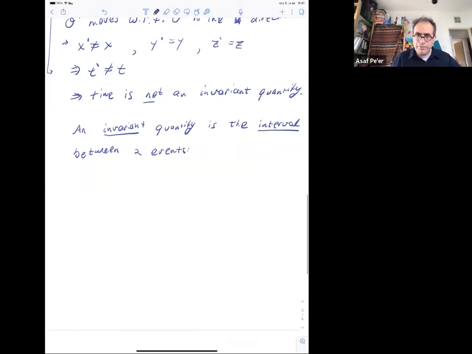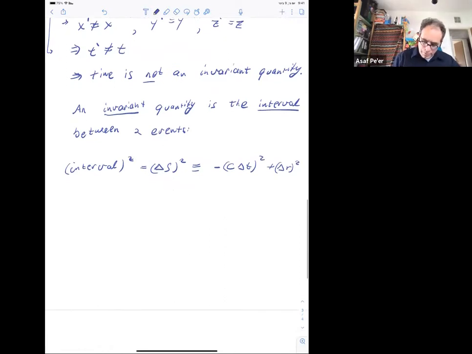And I define the interval squared, just delta S squared, which the definition is minus c delta t squared plus delta r squared, or minus c squared delta t squared plus delta x squared plus delta y squared plus delta z squared.